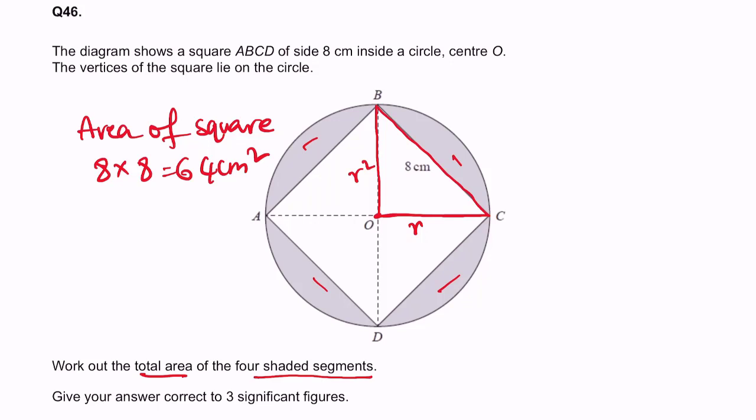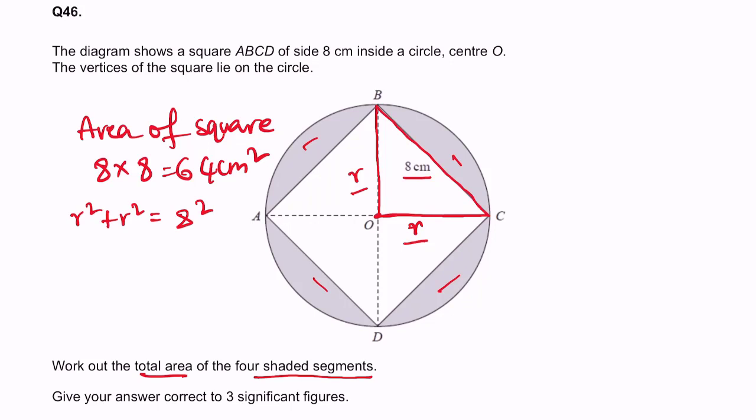So we can say this side squared added to this side squared, so this is radius and radius, will be equal to the longest side squared. So r squared plus r squared is equal to 8 squared.